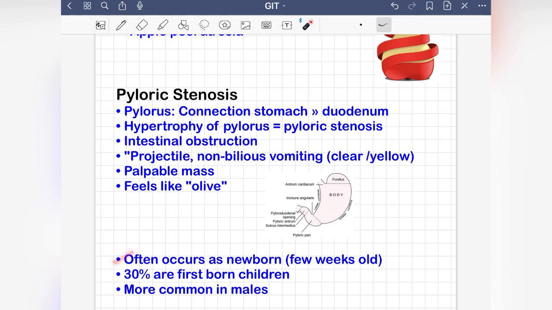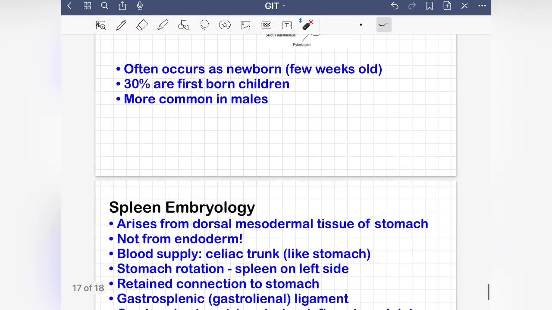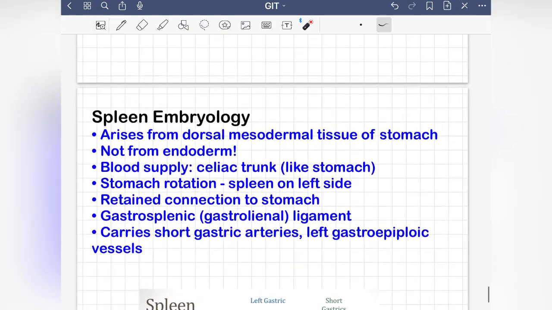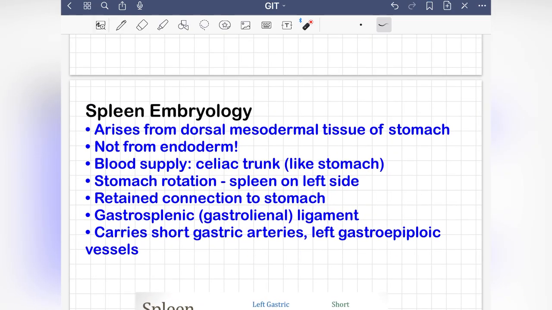Moving on to the last topic for this module, that is the embryology of the spleen. The spleen arises from the mesoderm.